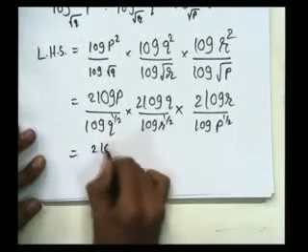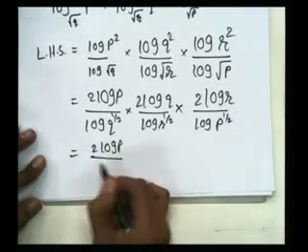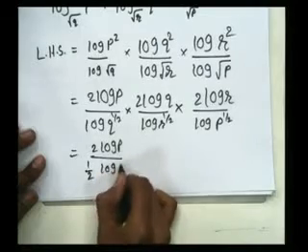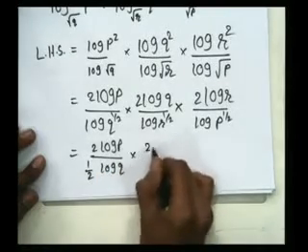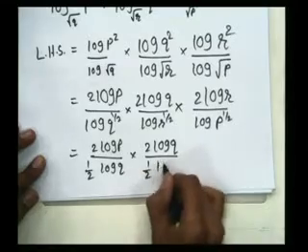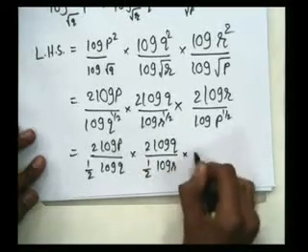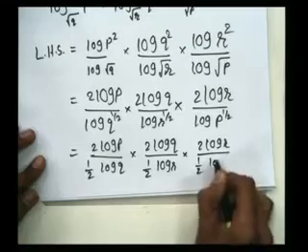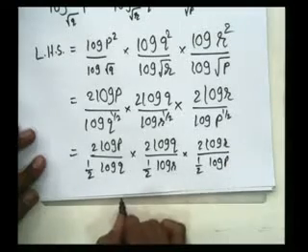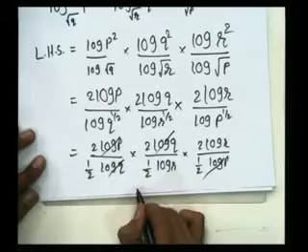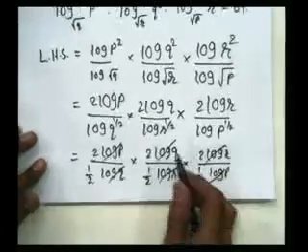So 2 log p, in denominator apply power property, so one can write 1 by 2 log q into 2 log q over 1 by 2 log r into 2 log r over 1 by 2 log p. If you observe, log p will be cancelled out, log q will be cancelled out, and log r will be cancelled out.